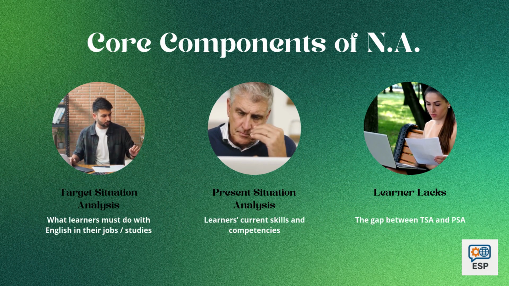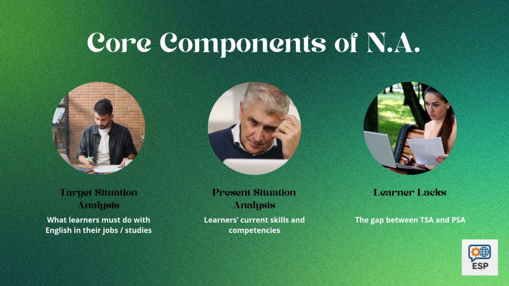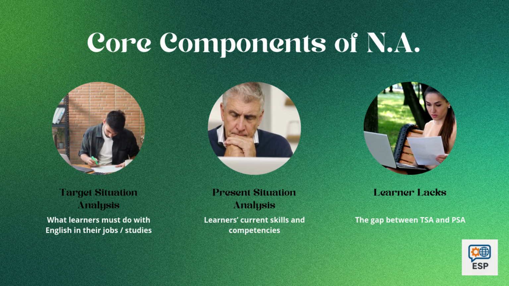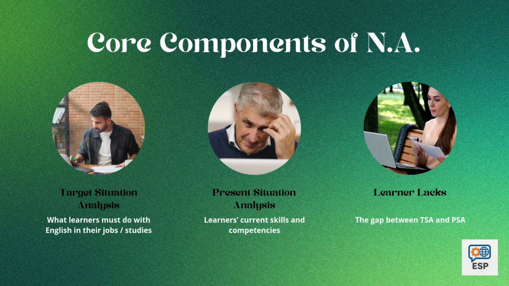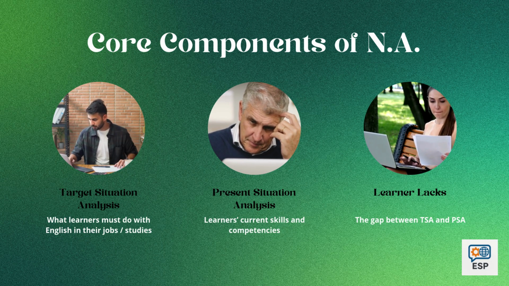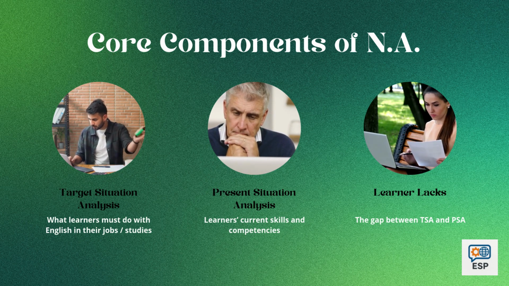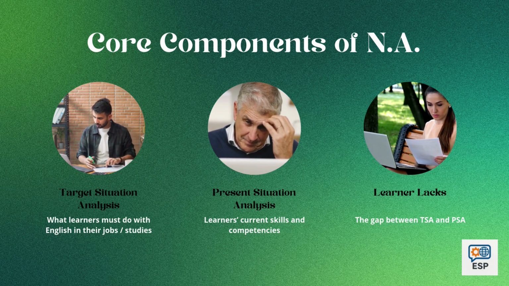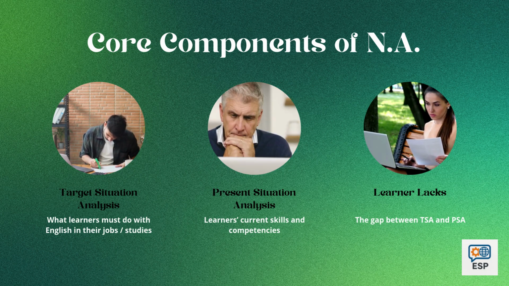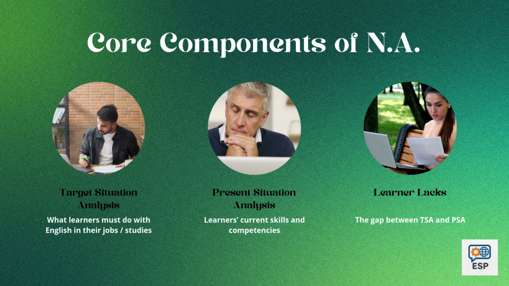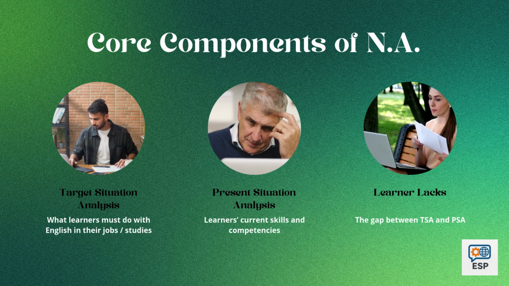Creating a needs analysis instrument for an ESP course is not just about listing a series of questions in a random way or addressing topics and issues that you consider relevant in English as a whole. Because if that were the case, we would be talking not about an ESP course but about an EGP course, an English for General Purposes course.